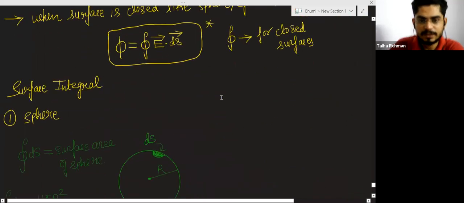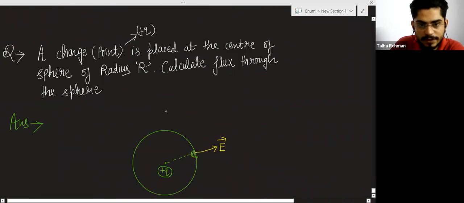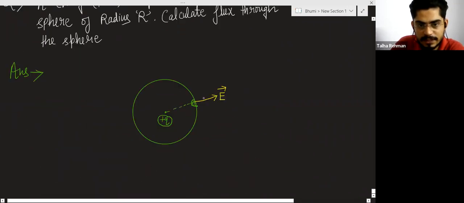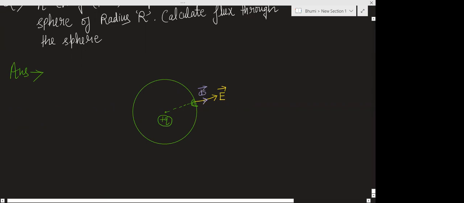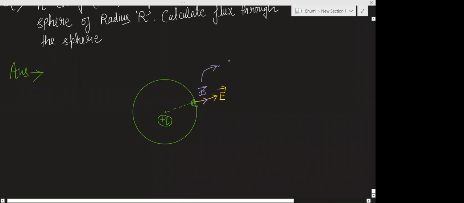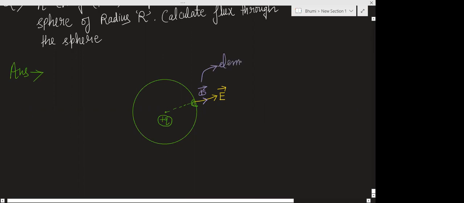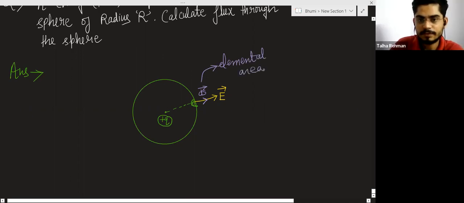The direction of the area vector will be like this, in the same direction, also outward. So ds, what is ds? Ds is the elemental, small part of the area, the elemental area vector, and E is the electric field.